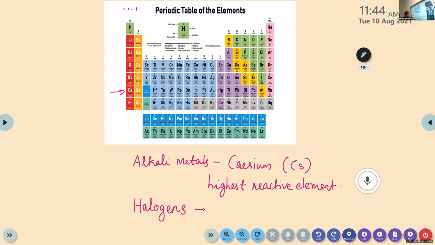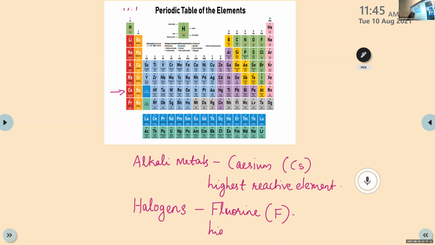This group 17, right? Which one? Fluorine. Very good. It's fluorine. Its symbol is F. This is the highest reactive element in halogens.